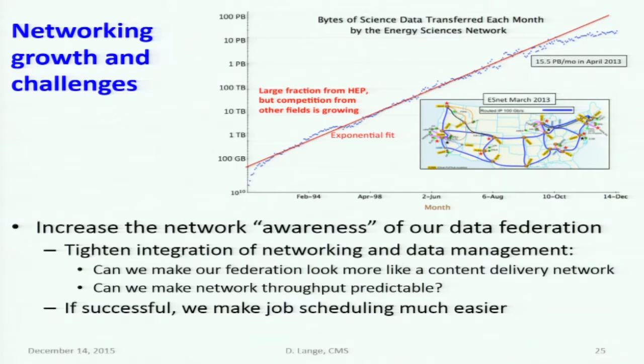And I think from a pure networking point of view, can we make network throughput predictable? We're always doing analysis or doing our production. We're always challenged because we don't know very well what to expect from a particular network link. Sometimes your throughput can be very high, and sometimes it's much lower.